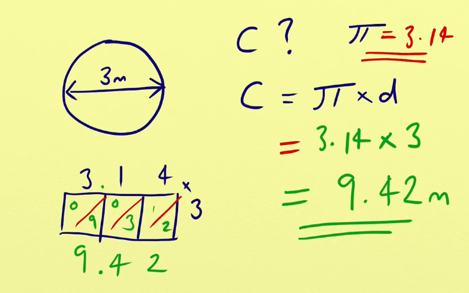We'll have one more example while we're on the subject. Let's have a circle that's a little bit bigger. Let's say the diameter across the middle is 5 meters, and we want to know what the circumference is.